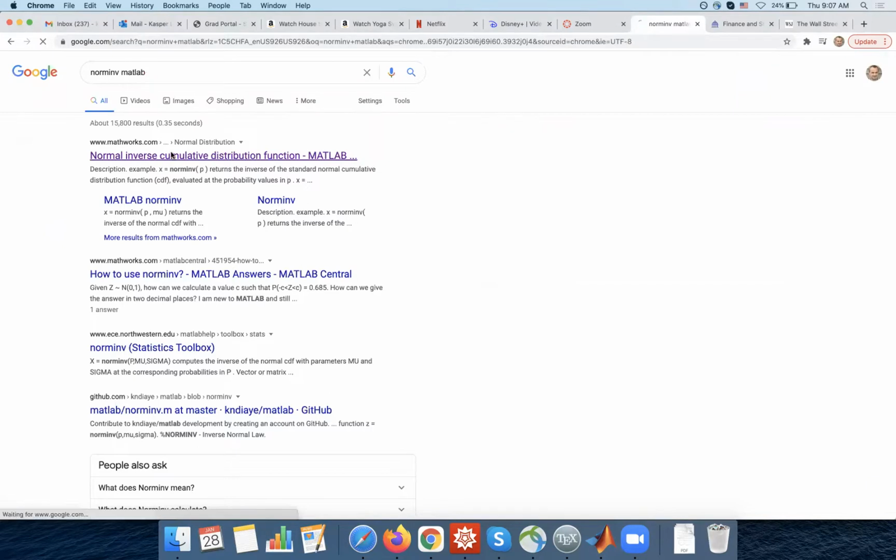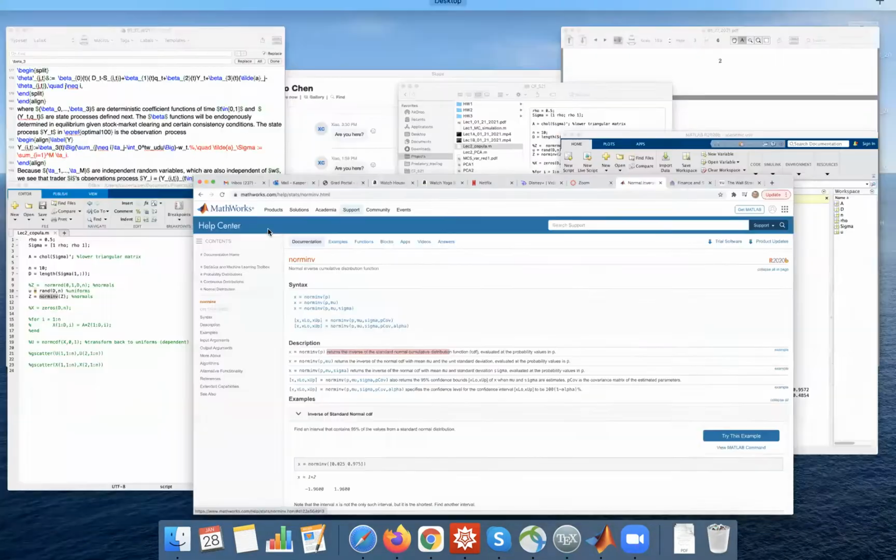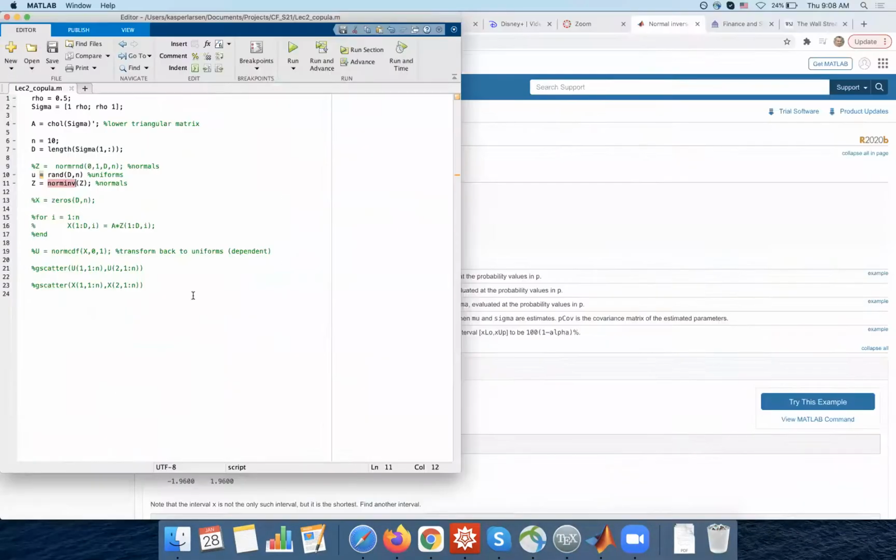You can look up the function in MATLAB. It returns the inverse of the standard normal distribution, and of course, if you want different mu's and different sigmas, you can do that. So norminv is the command in MATLAB. You need to figure out what it is in the package in C++ that you're using.